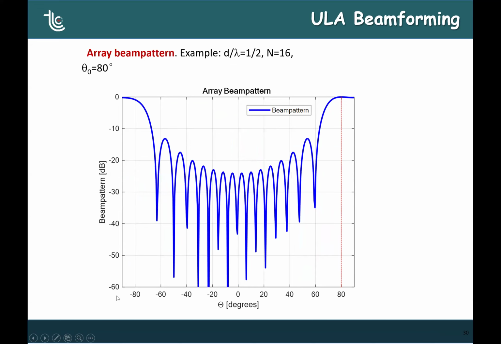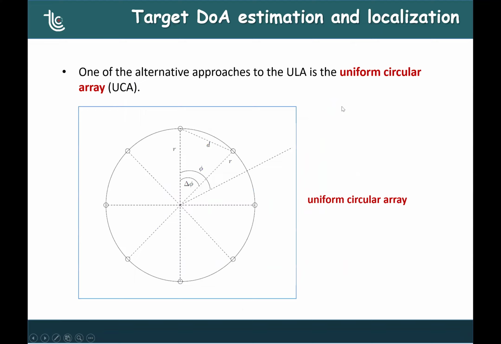But if you move close to -90 degrees and +90 degrees, then the beam pattern is much broader, and then we don't have a good resolution in angle anymore, okay?